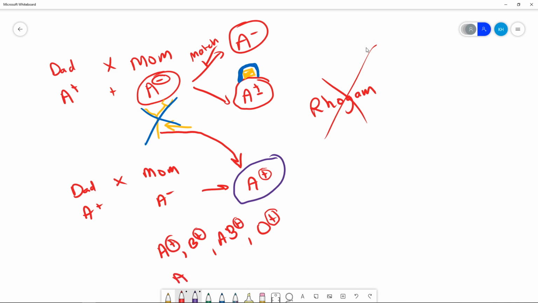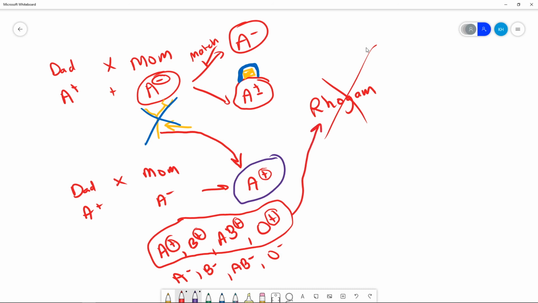However, if she were A negative, B negative, AB negative, or O negative, then there's the potential that the individual she chooses as her mate to be any of these positive blood types, and thus her child could be a positive blood type as well. And that's when we need the Rogam shot to make sure that she doesn't synthesize an immune reaction against her next child. Isn't that all pretty cool?